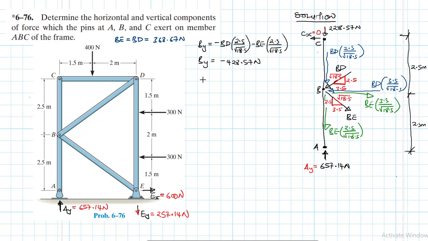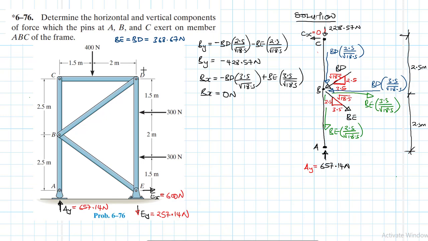And Bx at that point is minus BD times 3.5 divided by root of 18.5 plus BE times 3.5 divided by root of 18.5. These are equal and opposite, so they are just equal to 0.